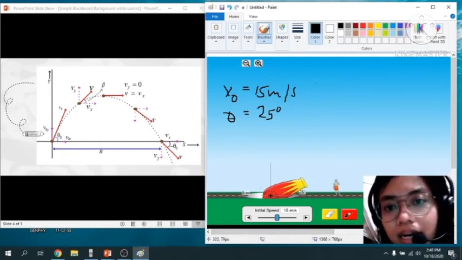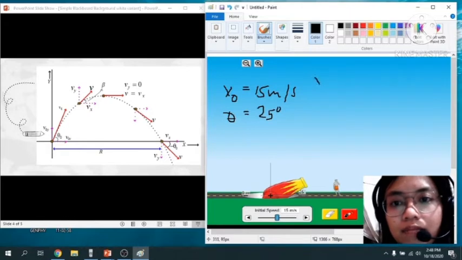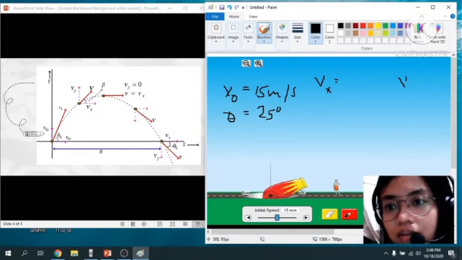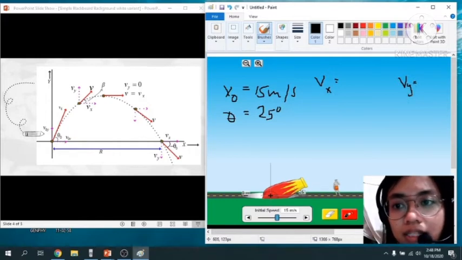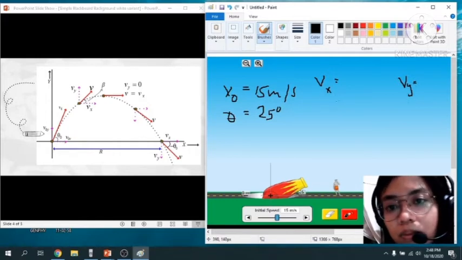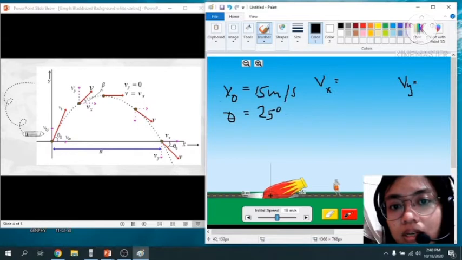So let's find out what would be the velocity in horizontal and what would be the velocity in vertical. How do we find this? If you are given this data, you will have this formula.